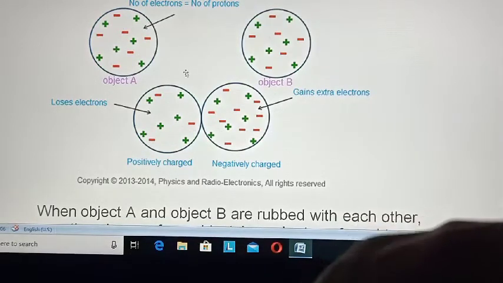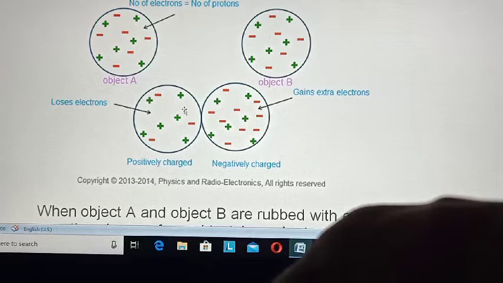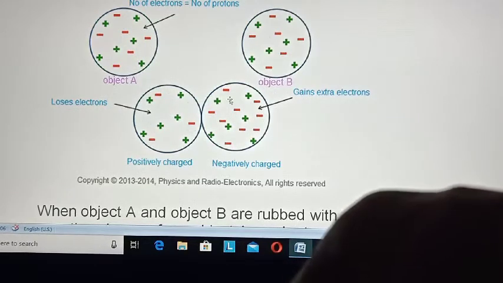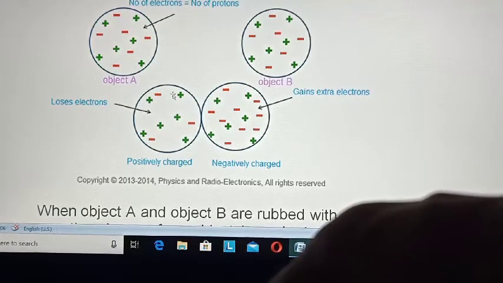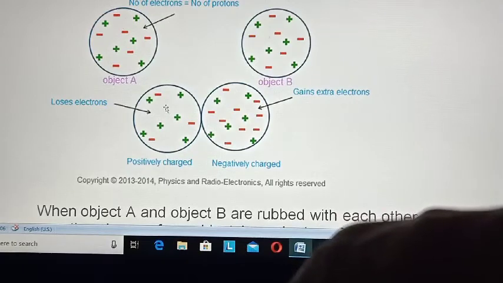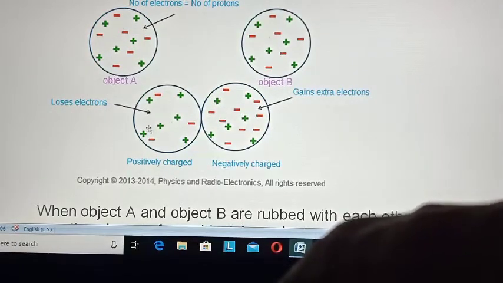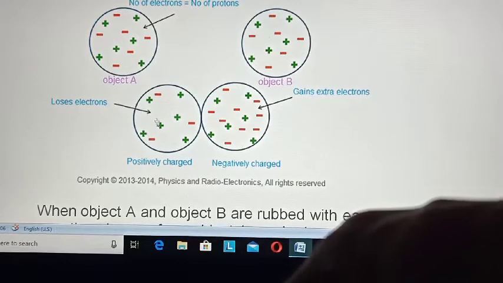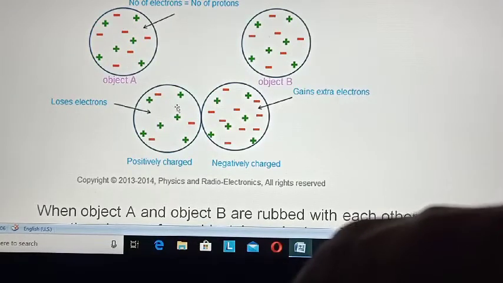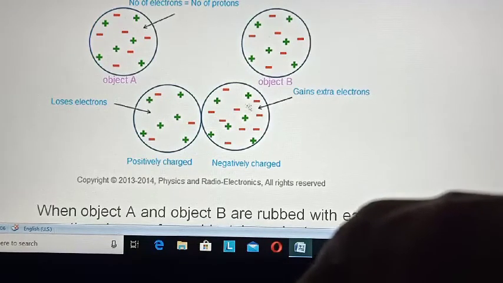Now if you rub them and transfer electrons from one body to other, say electrons are transferred from here to here, then you can see this body becomes positively charged and this body becomes negatively charged.